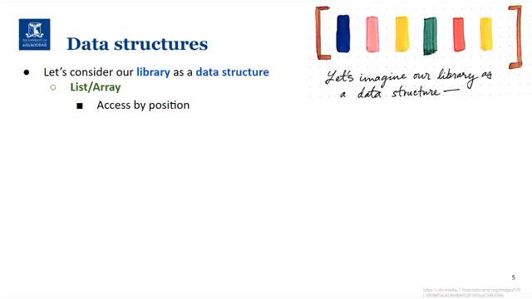Let's say we're organizing our books in a linked list. We can access the first, but we can't see the global structure. So for instance, if we're looking for this red book by title, we would need to iterate through the list to find it. So let's say we search for a book by title in a linked list. How long does it take? What's the time complexity of searching on a list?